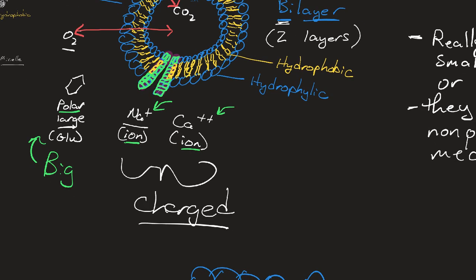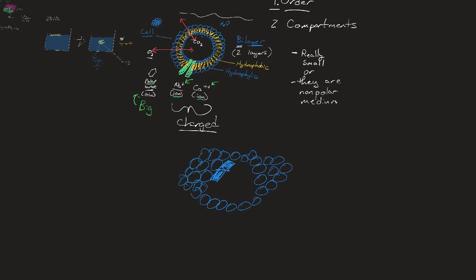And so what you see when you look down on it is these polar amino acids hang out with the heads, and the nonpolar R groups are hanging out underneath these, as you can see here.